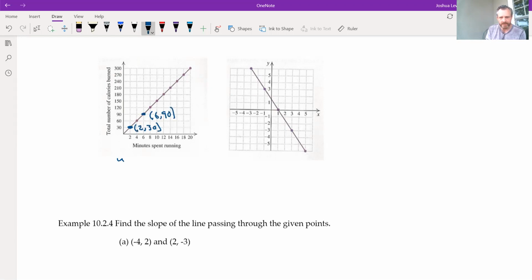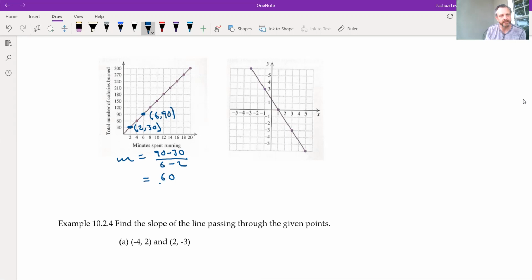And so the slope is going to be y2 minus y1, 90 minus 30, over x2 minus x1, 6 minus 2. And then we just reduce this.